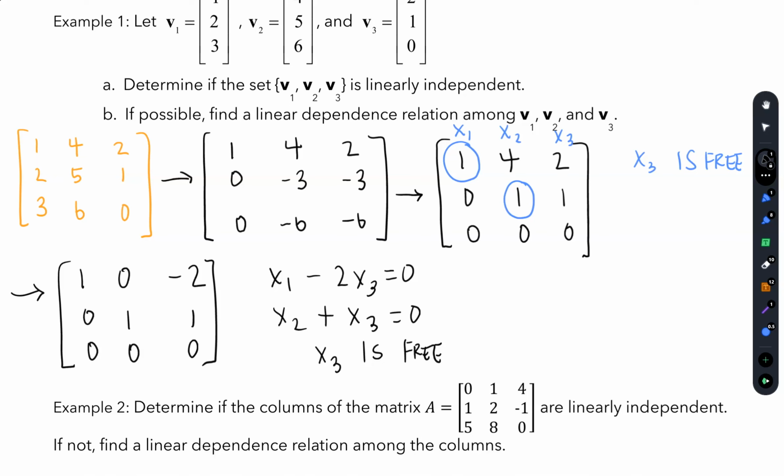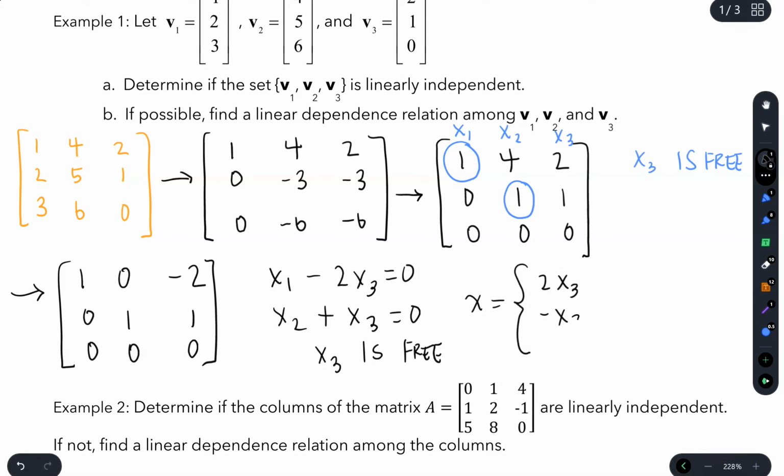Okay. So as your solutions, what would it look like? So x1 would be 2x3, x2 would be negative x3, and then x3 is, of course, free down here. So it's asking for a relation among these vectors v1, v2, and v3. So it actually wants you to plug in.